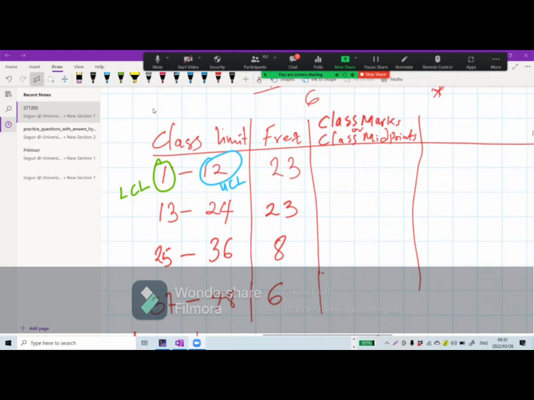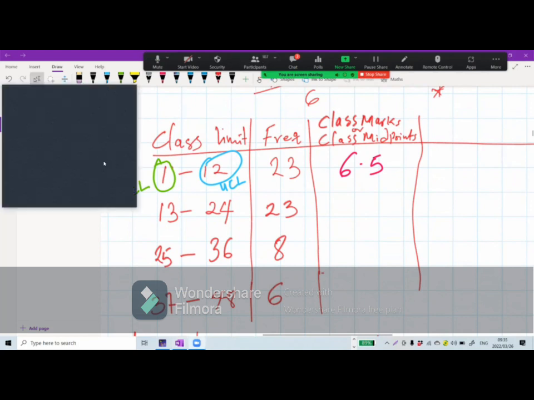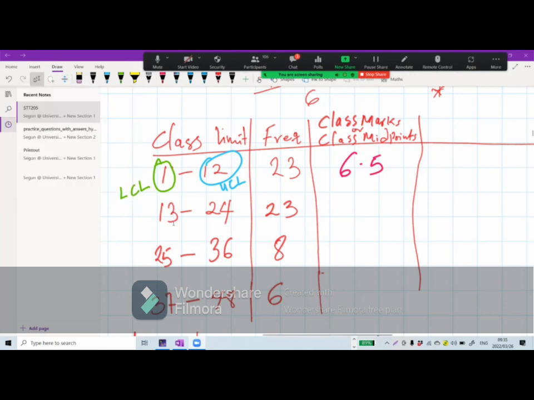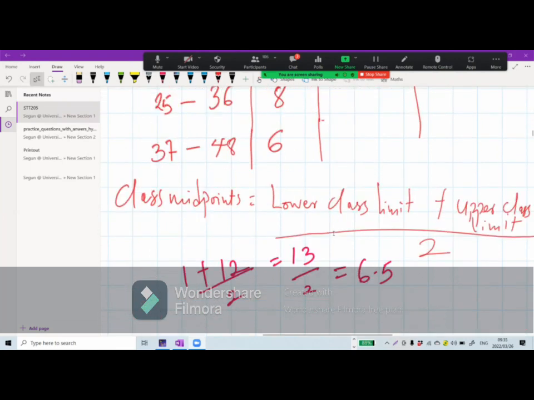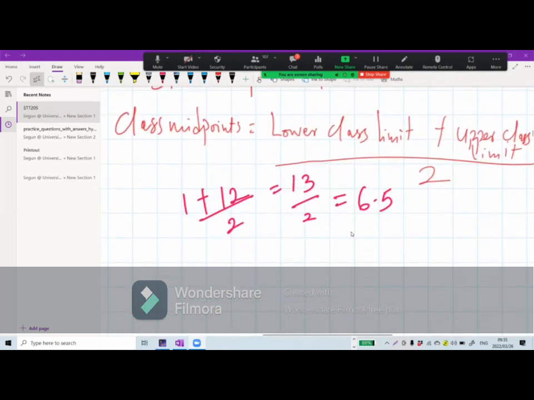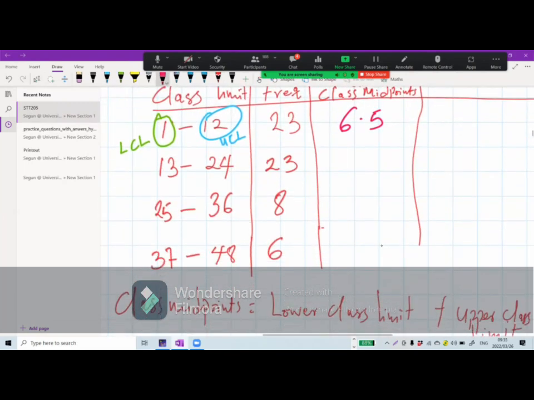So it's going to be 6.5. The next one will be 13 plus 24 divided by 2. 13 plus 24 is 37, divided by 2 is 18.5.